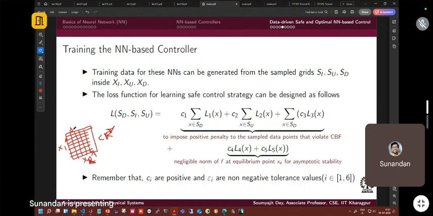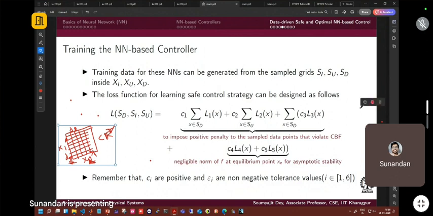This is delta 1, and this is delta 2. Sorry, this should be delta 2, this should be delta 1.